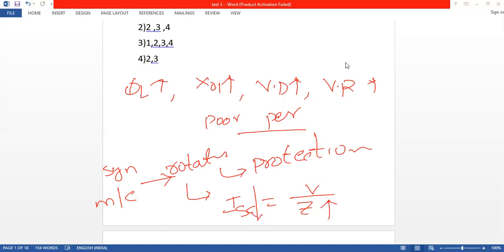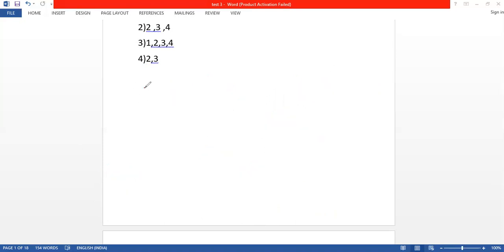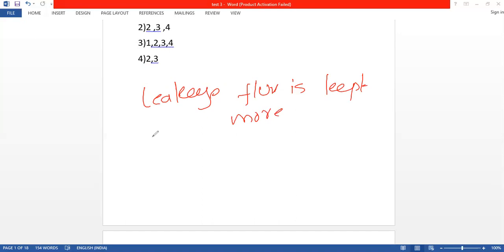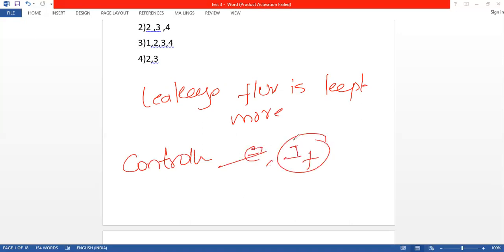So to decrease the short circuit current, the leakage flux is kept more. If flux is more, then you can control it by E, meaning field current. It's not a problem, there is an extra component of controlling. So leakage flux is more for a synchronous machine from the point of view of protection.